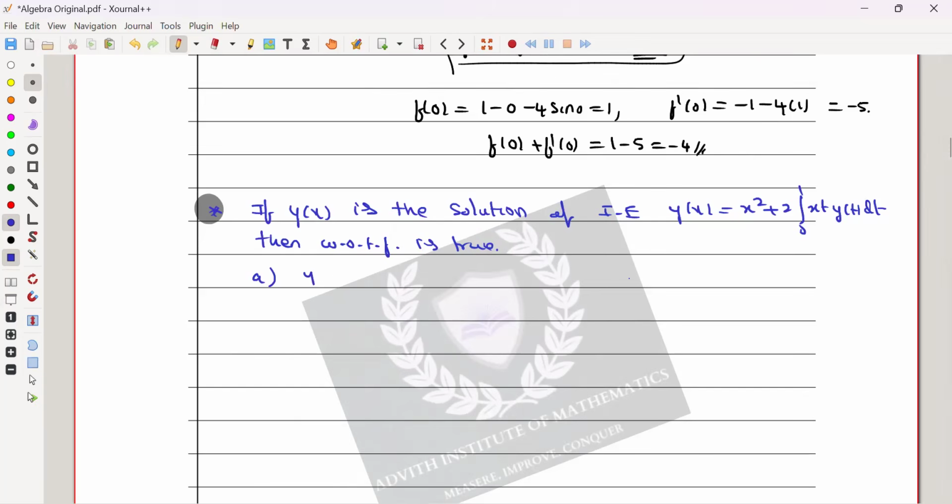Options are y of 0 plus y of 1 equal to 1 by 2, and y of minus 1 plus y of 1 equal to 1.